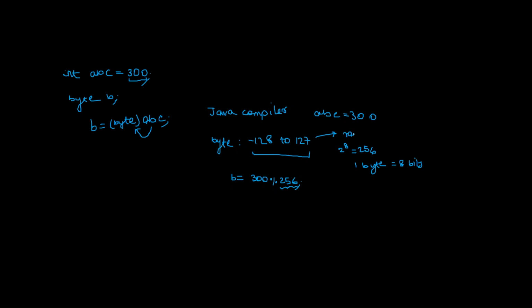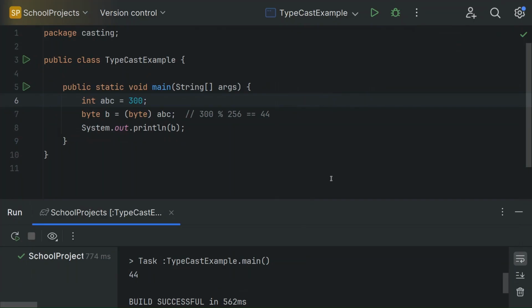When you calculate the range for a byte data type, it is 127 minus minus 128, which is again 256, and therefore it stores the value of 44. So this, gentlemen, is what we call explicit type conversion, and in this case it is a narrowing conversion.